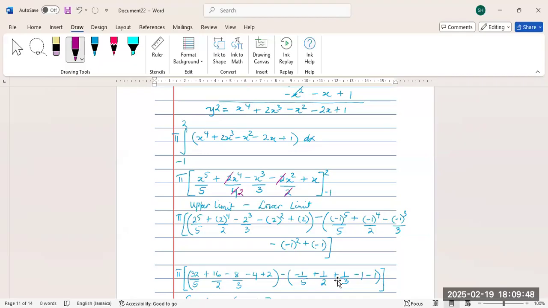Now, the mistake that I made earlier: instead of putting 32 over 5, I put 32 over 2, 16 over 2 minus 8 over 3 minus 4 plus 2. Everything else is correct. Away from that, 5 is supposed to be 32 over 5, I had 32 over 2, and that's how I got 58 over 3.